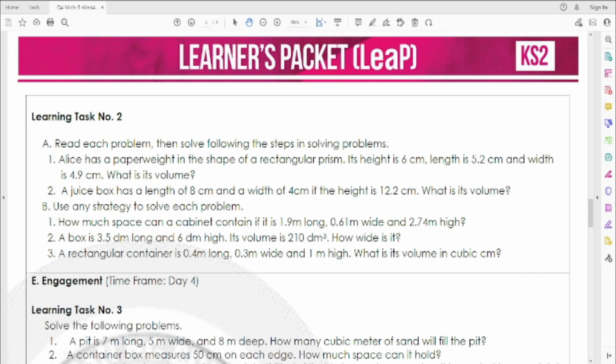Number 3, a rectangular container is 0.4 meter long, 0.3 meter wide, and 1 meter high. What is its volume in cubic centimeter? So you have only 2 numbers to be multiplied because your height is 1, and the answer is your volume for the rectangular container.